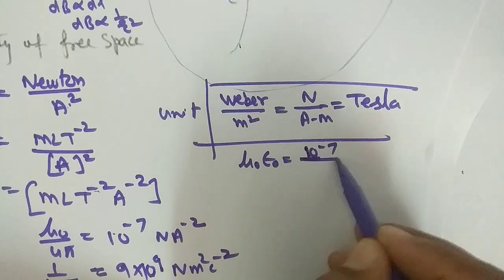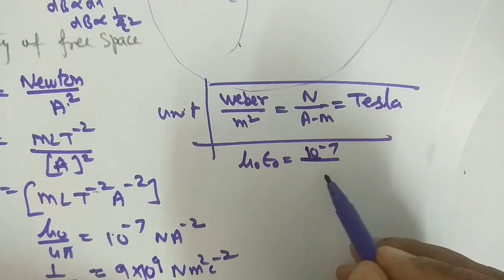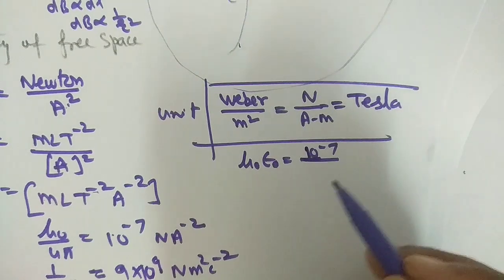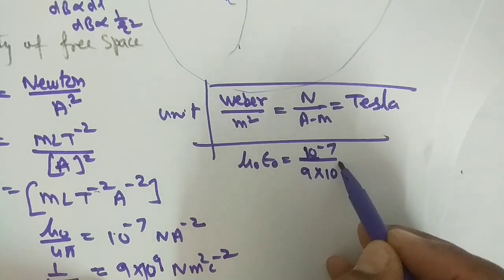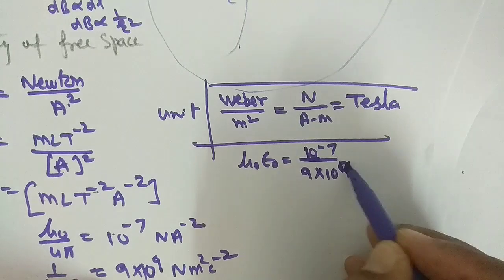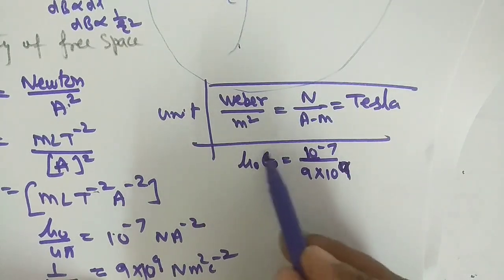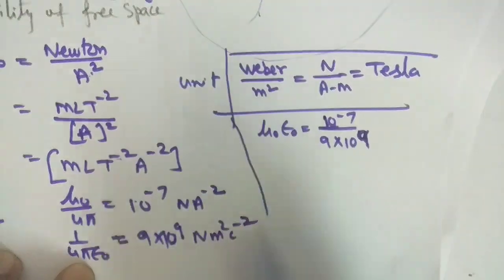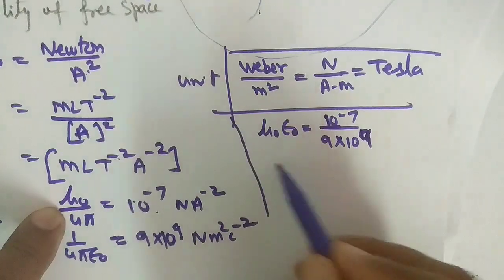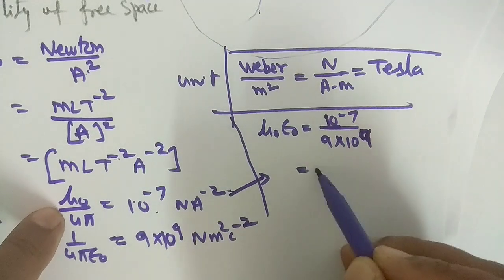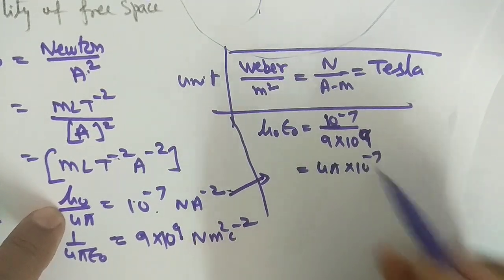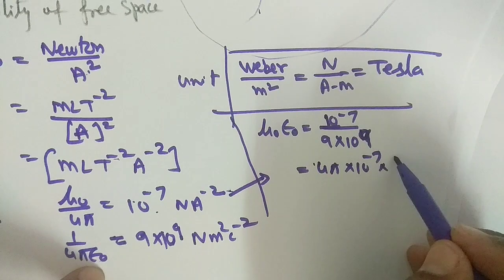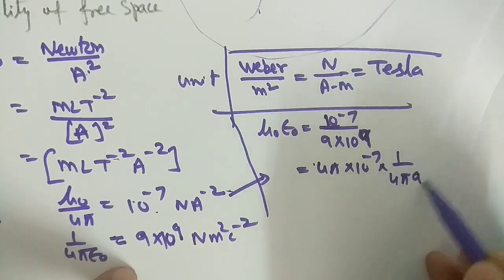From here, mu naught is 4 pi into 10 to the power minus 7, and from here epsilon naught is equal to 1 upon 4 pi into 9 into 10 to the power 9.